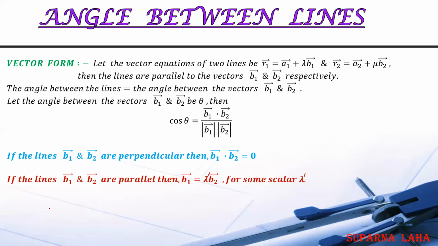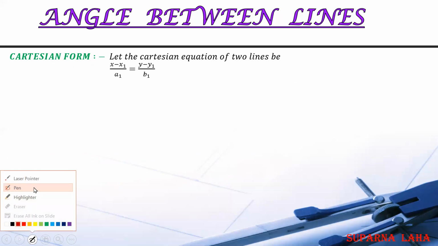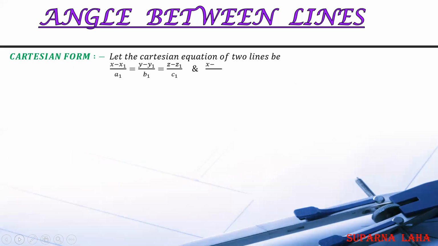Now if the Cartesian form of these lines is given, Cartesian form means (x minus x1) by a1 equals (y minus y1) by b1 equals (z minus z1) by c1. And the second equation is (x minus x2) by a2 equals (y minus y2) by b2 equals (z minus z2) by c2.